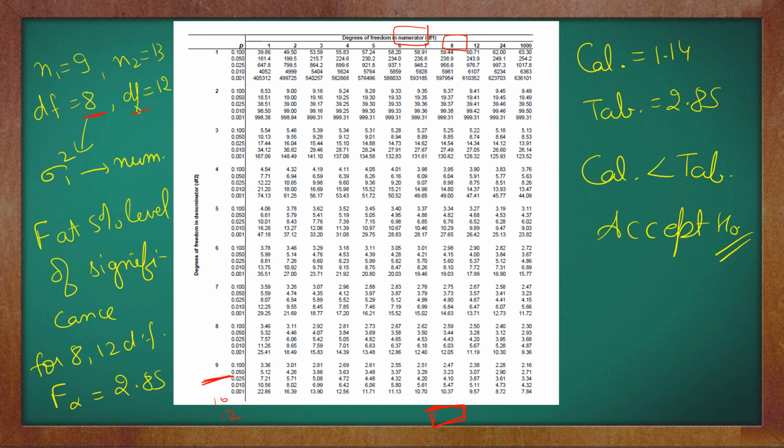In the examination also, usually you will get the table, so the table value is given to you. Otherwise, you can download it from the internet and check in the same way, like 12 and 8. What is the cross section value? That will be your table value. So no need to worry about it. Okay. So in this way, you can apply the F test.